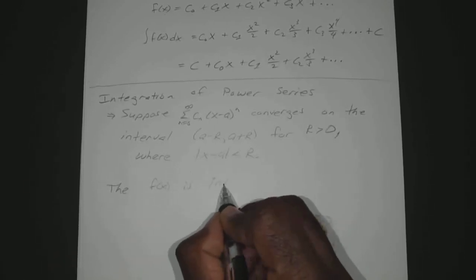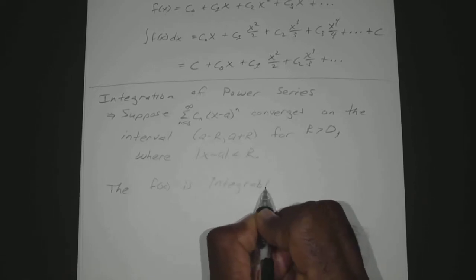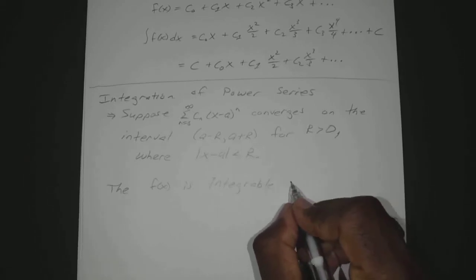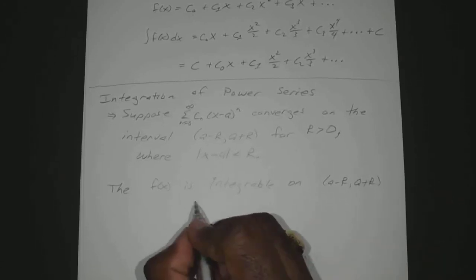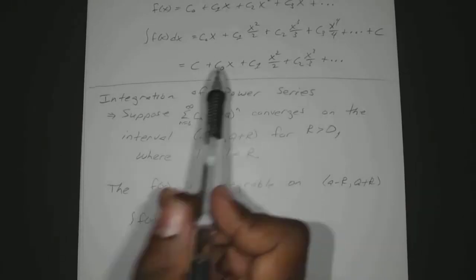I hate saying that word. Integrable? No, integrable. I know, integrable. On the a minus r, a plus r interval, and the integral of that f of x with respect to x is what we just figured out up there.